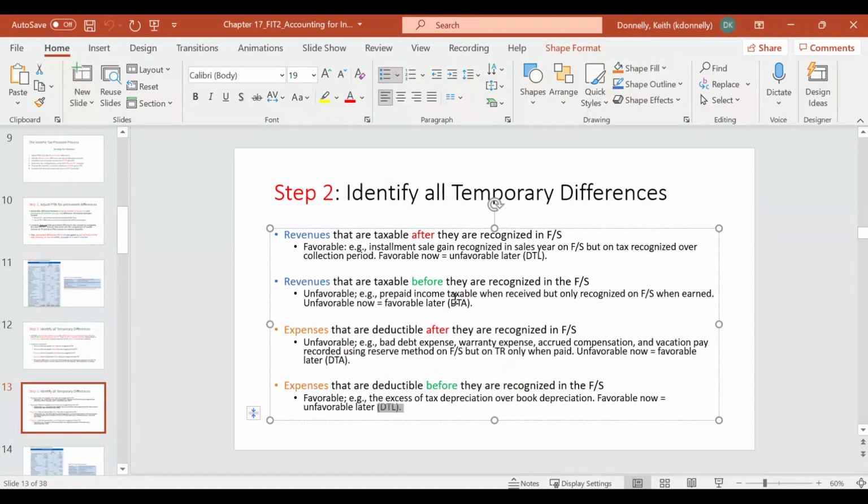In distinction, let's look maybe here at a deferred tax asset, how this would create it. We said prepaid income is taxable when received, so we got the burden now, but later on when it reverses and we get the benefit of having it be recognized on the books but not on the tax return, that whole benefit has to be recognized as a deferred tax asset.